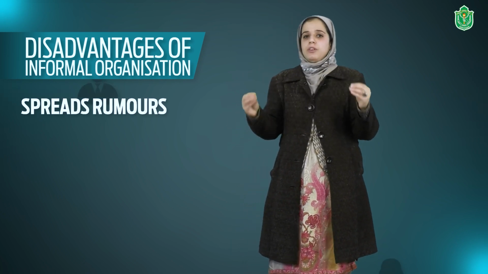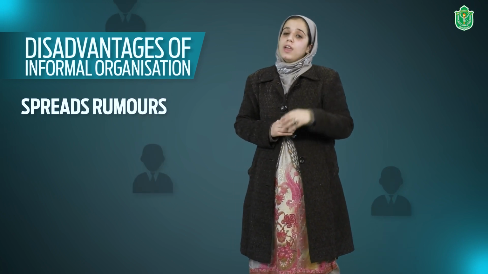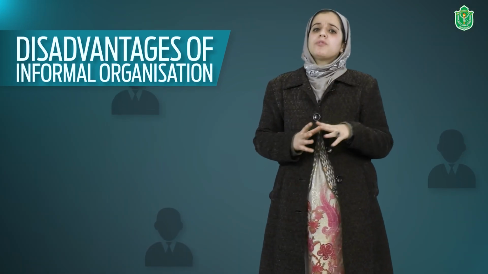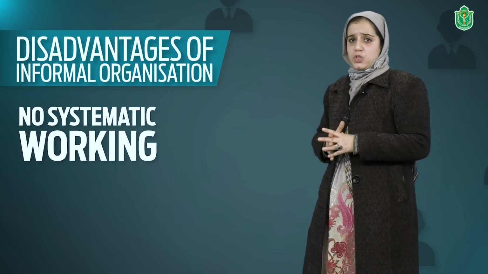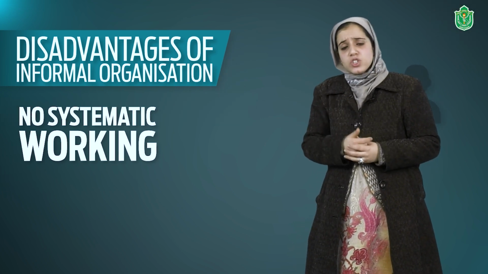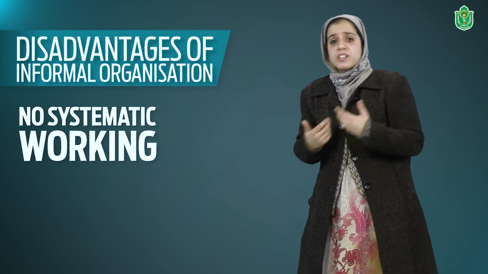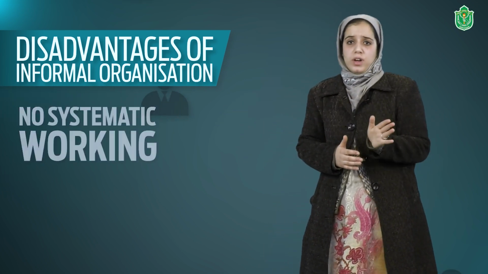Next, there will be no systematic working in the informal organization because there is no superior-subordinate relationship. This relationship is created because of interaction, because of friendship, because of association. So there will be no systematic working.